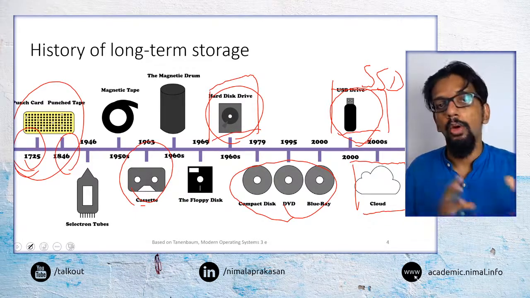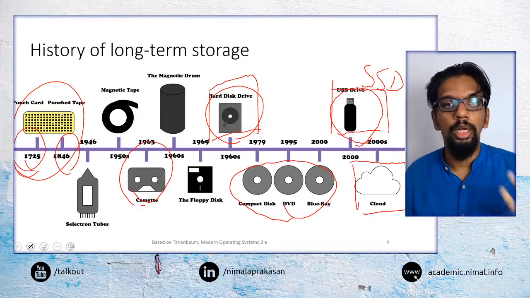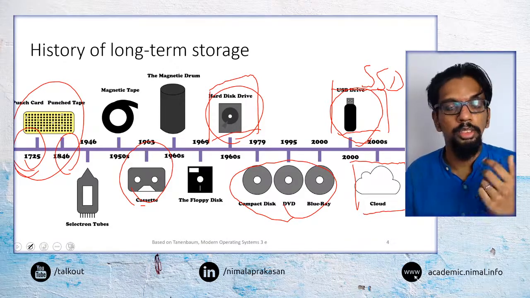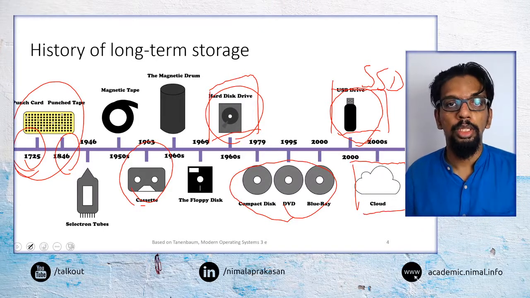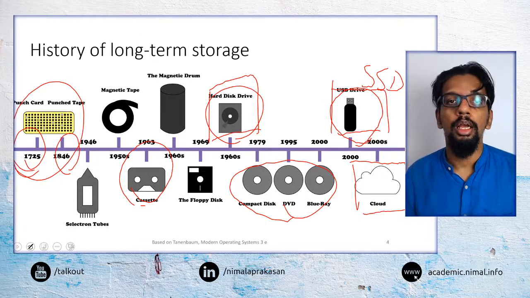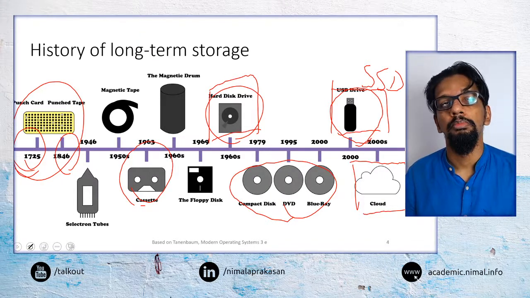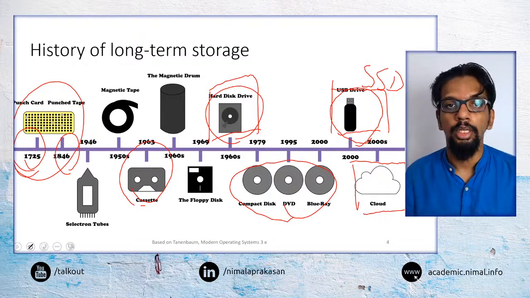The reason is that older technologies can be cheaper, so in certain large scale applications we would still use some older technologies. For example, there's still quite a bit of tape based storage being used, particularly in large scale data capturing, particularly in scientific applications.